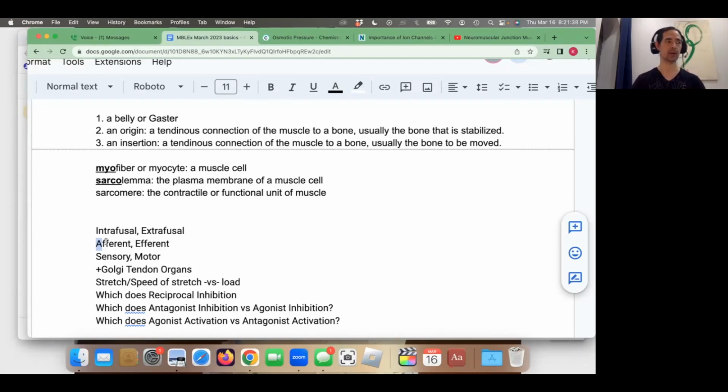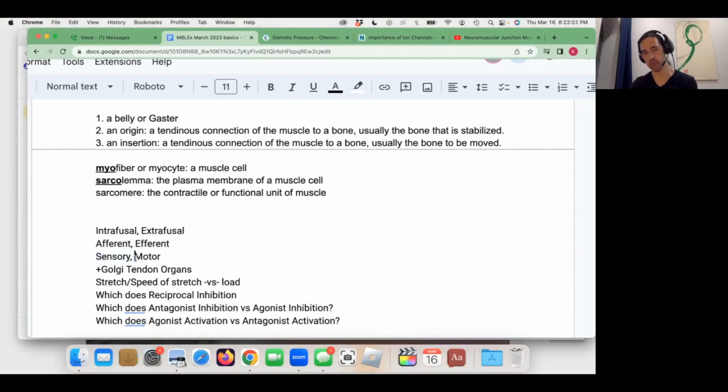And then the central nervous system returns through efferent, letter E, like exiting the central nervous system, through efferent motor fibers, an action potential down to the extrafusal fibers of the muscle, and that causes a muscle contraction. So two sets, sensory being afferent and motor being efferent.